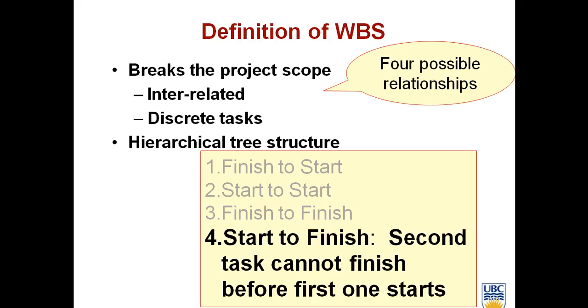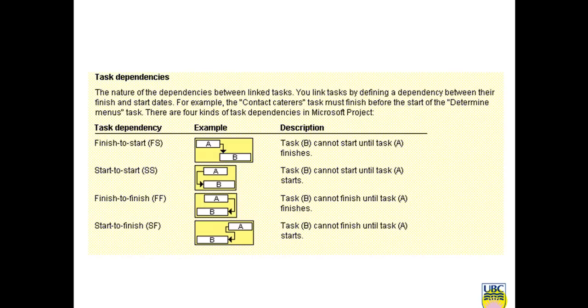To give you an example, if you are building a residential apartment complex, a condominium complex, it's very logical that before you finish the entire project, you start to pre-sell these condominiums to create some cash flow. So one task cannot be finished until another task has already started. So this is the actual logical relation that we have.